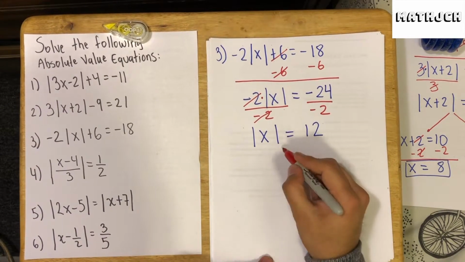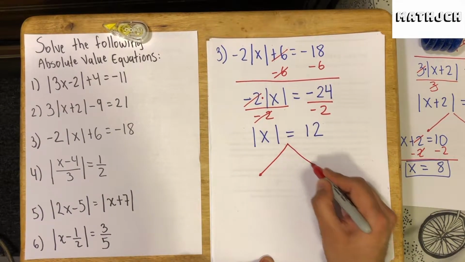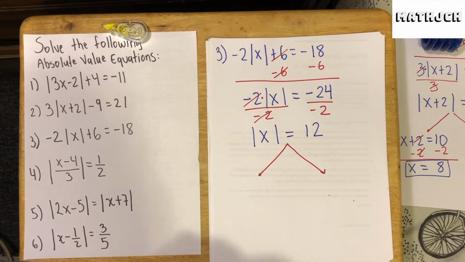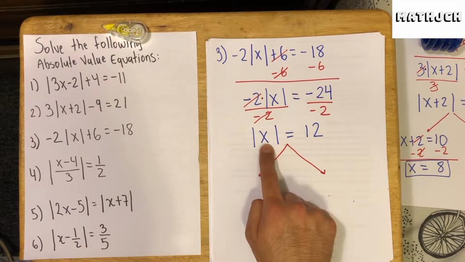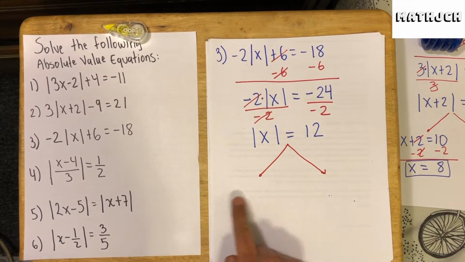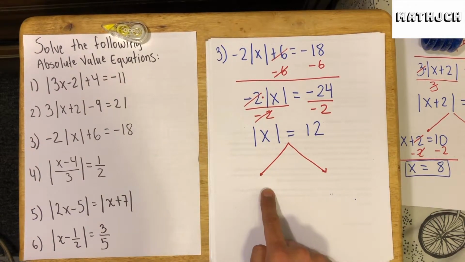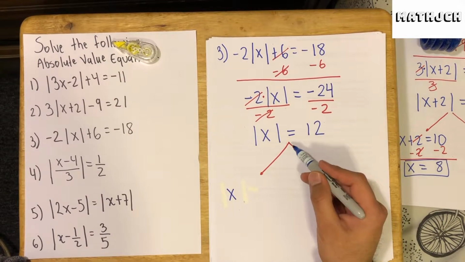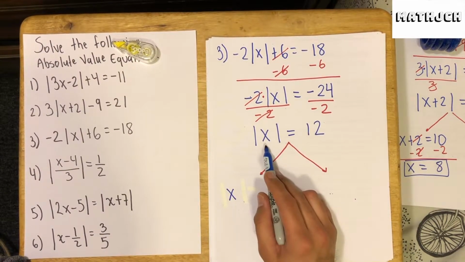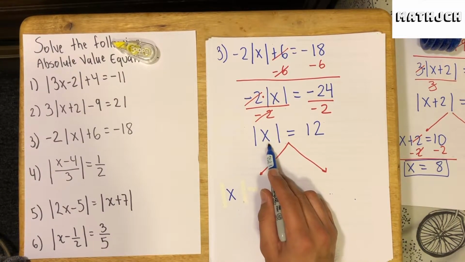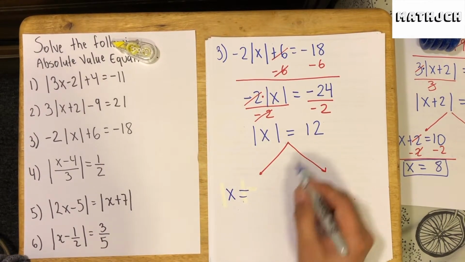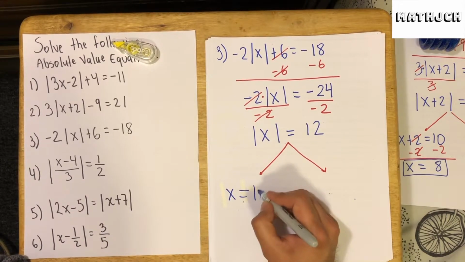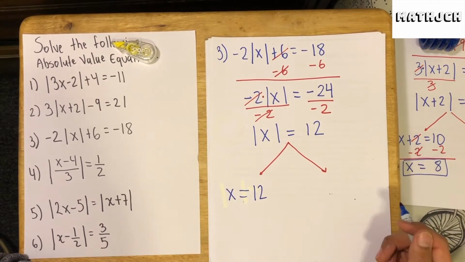The next step is to break it down into the two cases. One case will be everything inside the absolute value equals the positive 12. So for the first case, I'm going to have x, which is everything inside the absolute value, there's just x, equals the positive of 12, which is positive, same thing.